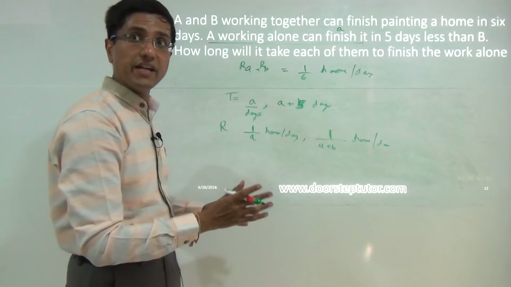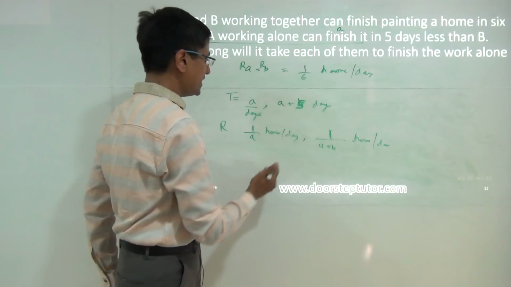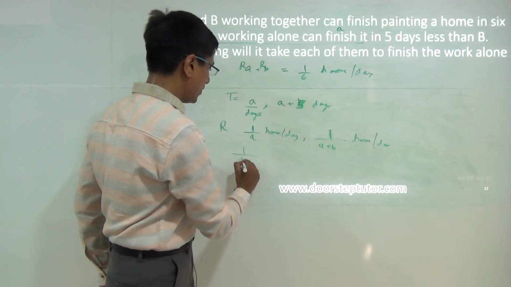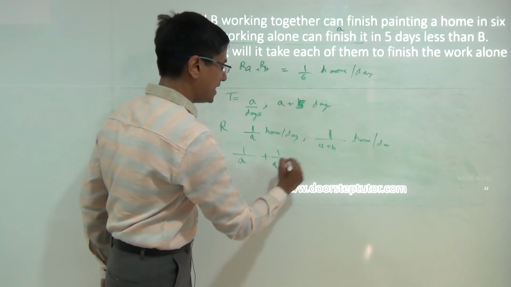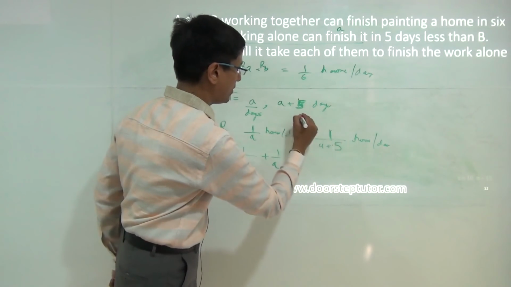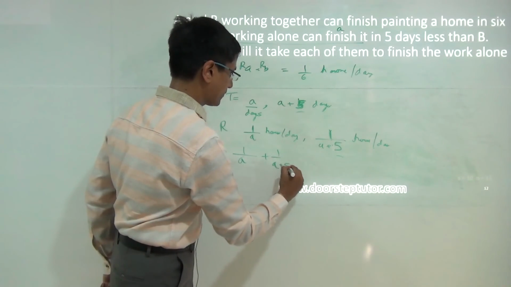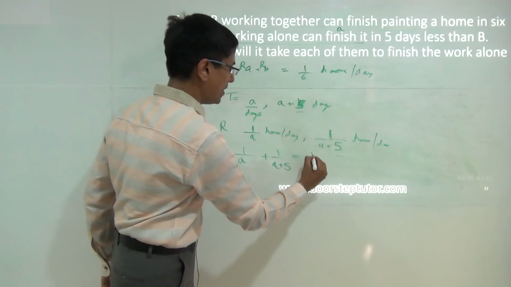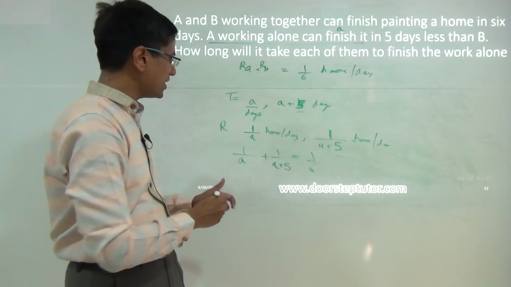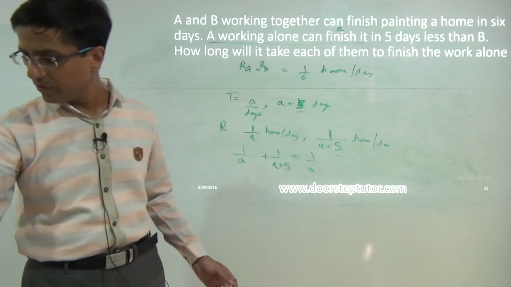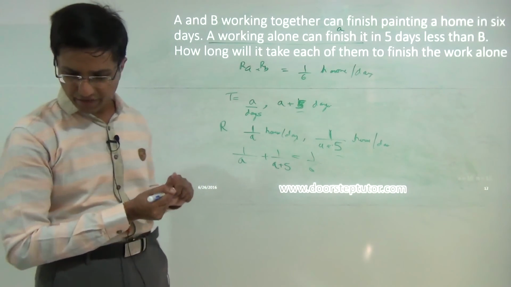And we know that the combined rate of work is 1/6. So if I add these two, 1/A plus 1/(A plus 5) is 1/6. Now this is an equation in A. If you start solving it, you will get a quadratic equation.